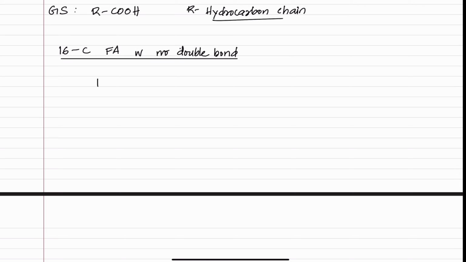This can be written as 16:0, where 16, as you may have understood, is the number of carbon atoms, and 0 is the number of double bonds.